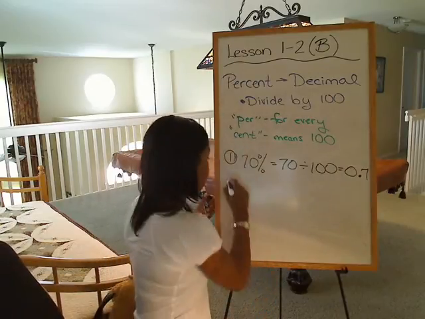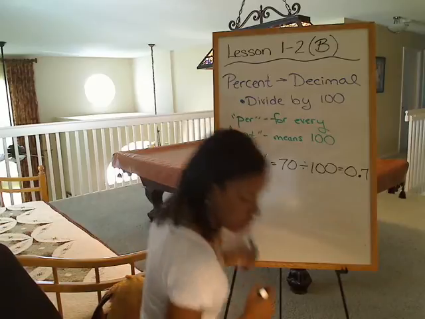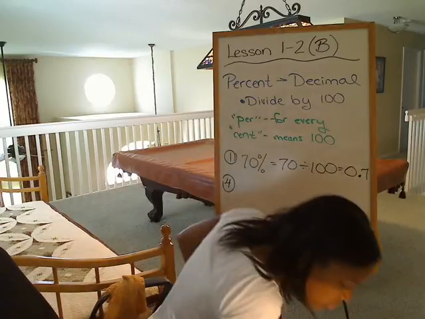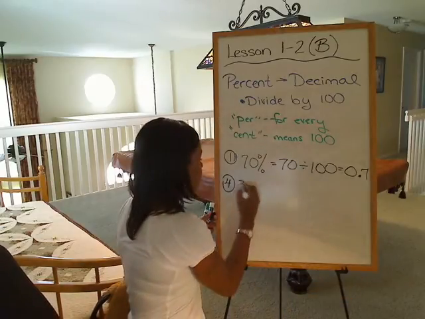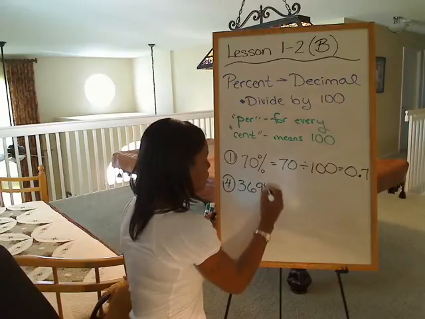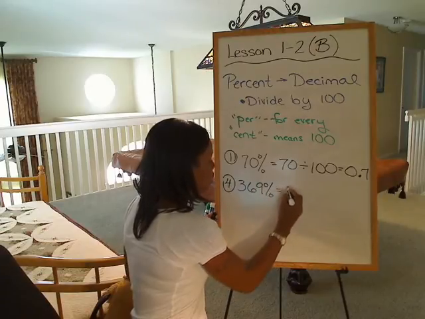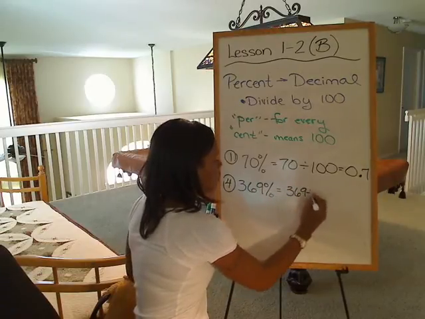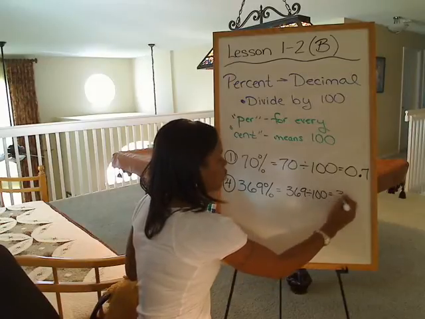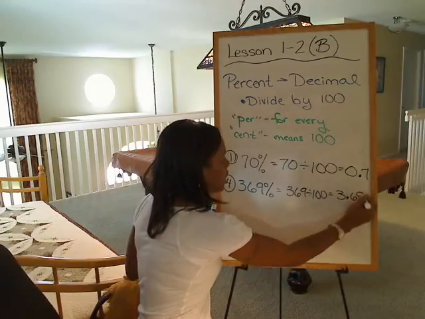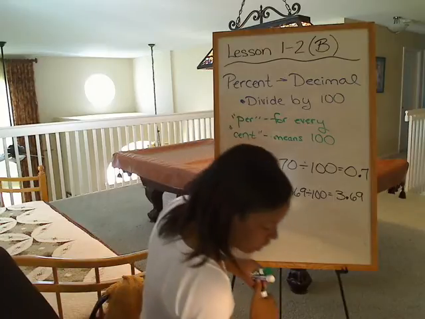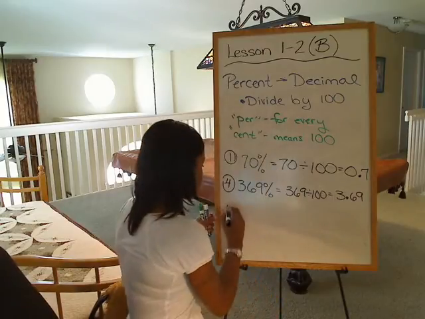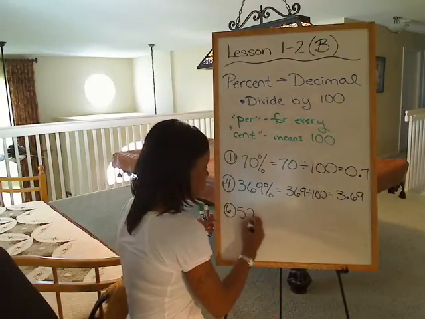If you look at number 4, I believe that's a 3. My paper is a little written on. 369%. 369 divided by 100, you get 3.69. You're done. Look at number 6. 52.5%.